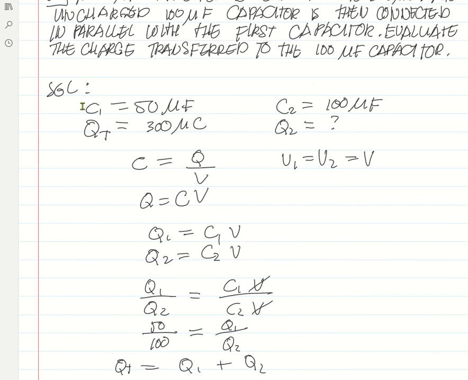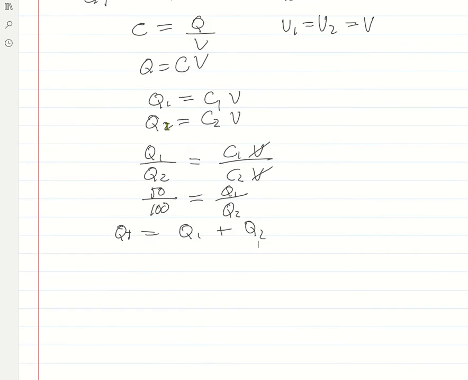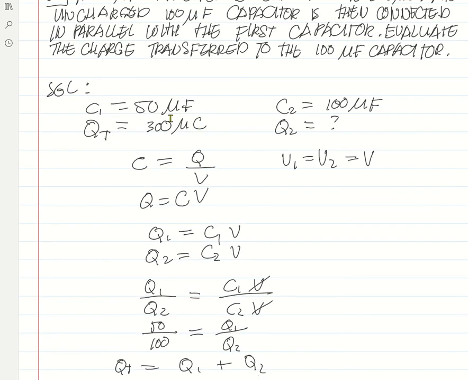So at t equals 0, the charge in C1 is 300. But when another capacitor is connected across, some of the charge from the 50 microfarad capacitor will be transferred into C2. This means the charge of C1 will not be equal to 300 microcoulomb, but should be lesser than 300 microcoulomb. Why?